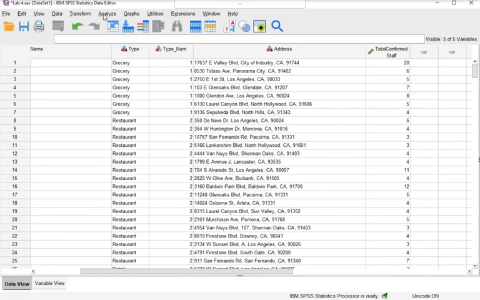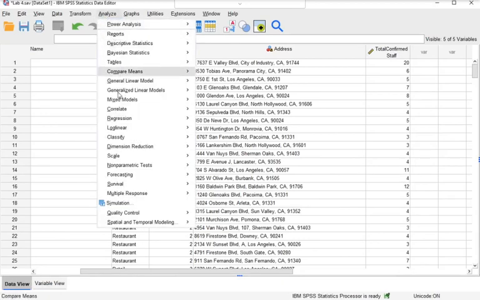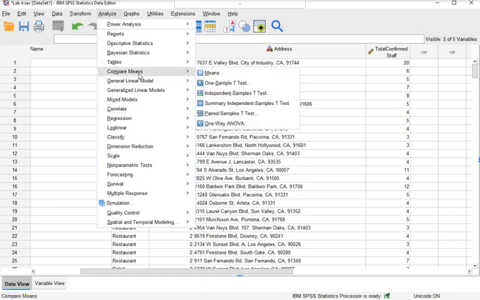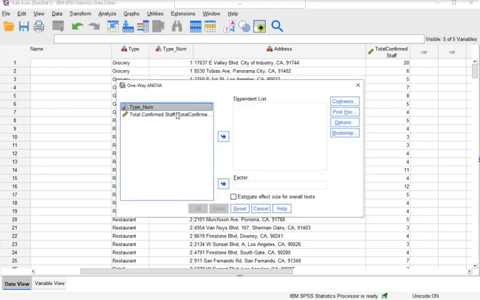And then I am going to go to Analyze, Compare Means, and then One-Way ANOVA. So the dependent, right, so our outcome measure is total number of confirmed staff, right? So those are the number of positive coronavirus staff.